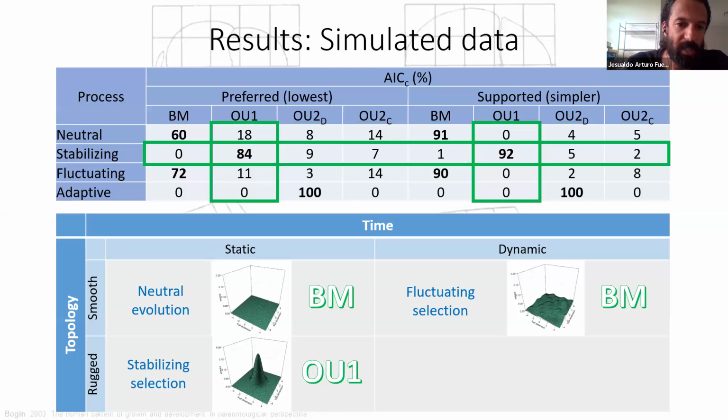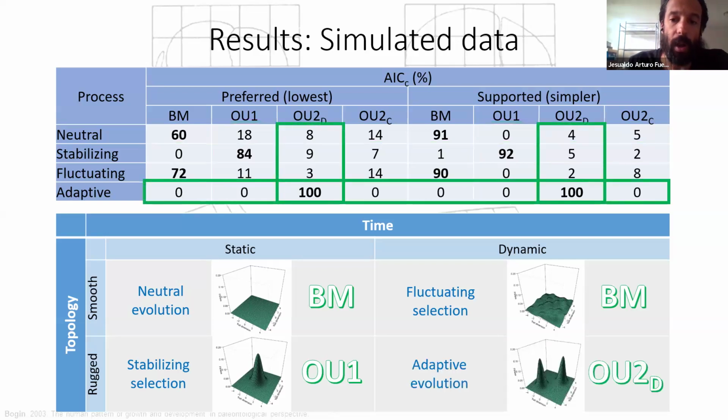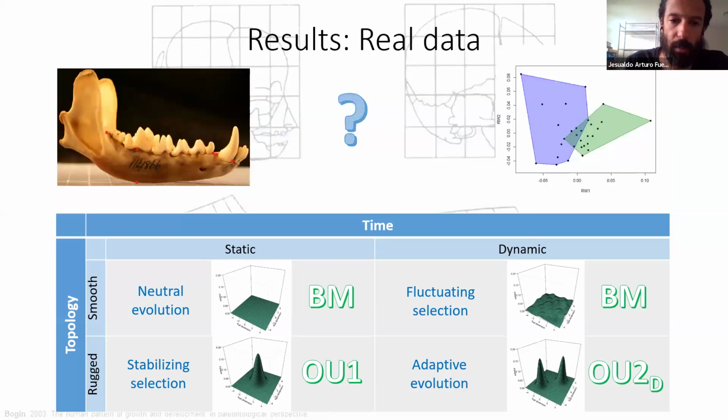The Ornstein-Uhlenbeck with a single peak does a better job explaining stabilizing selection. And the two peaks do a better job at explaining adaptive evolution, particularly the diet regime. The cladogenetic regime was not really favored because it was basically a control regime. It was not supposed to be associated with any process.